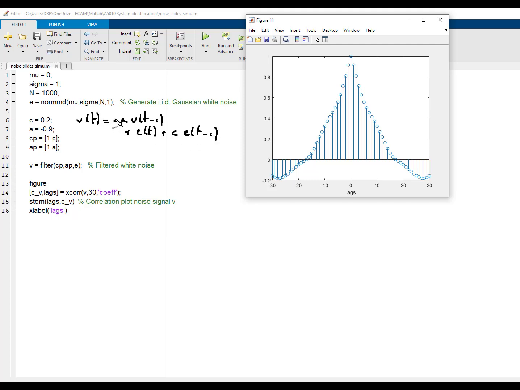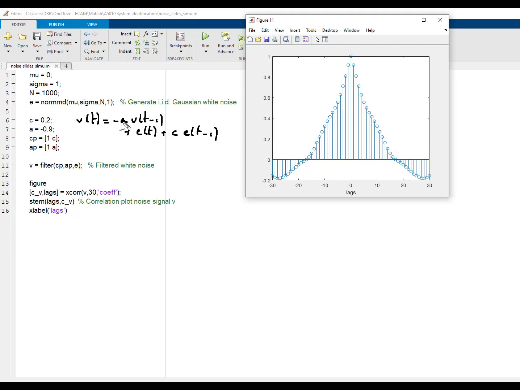So if minus a becomes a value that is close to 1, we'll introduce a very strong correlation between v(t) and the past values through this equation.